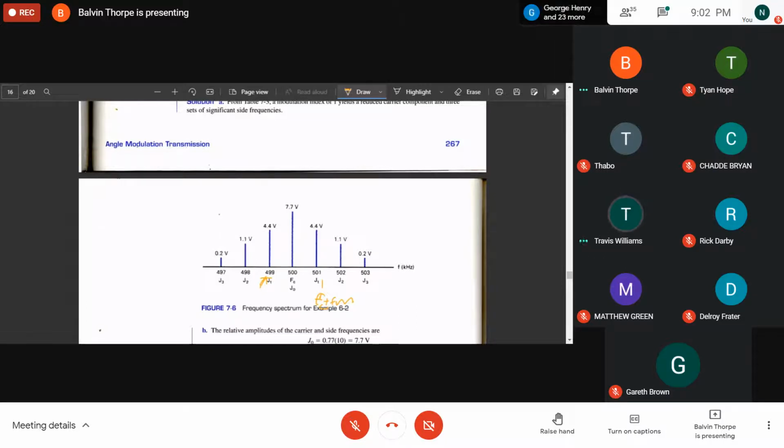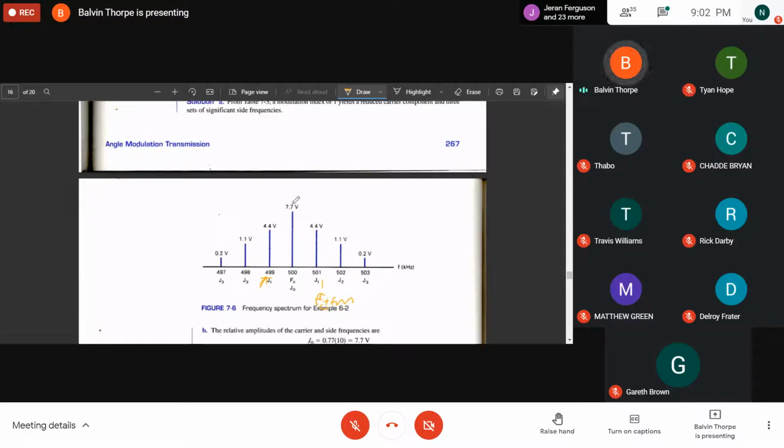Would that be the bandwidth? Yes. So it's the same for both AM and FM? Not the same. Similar.